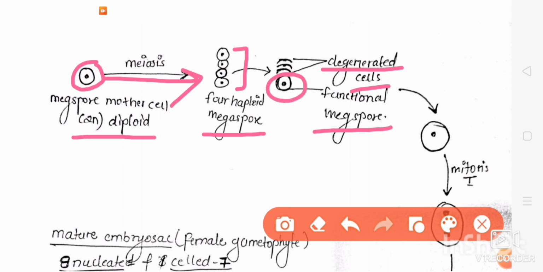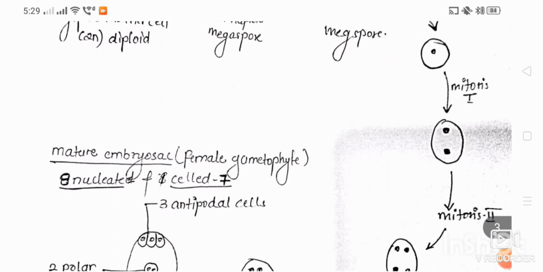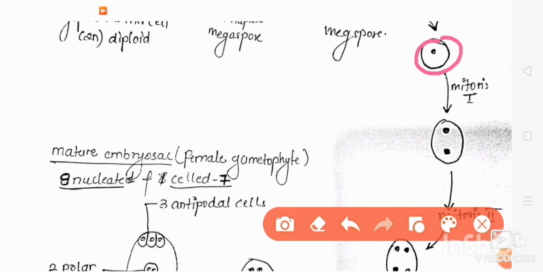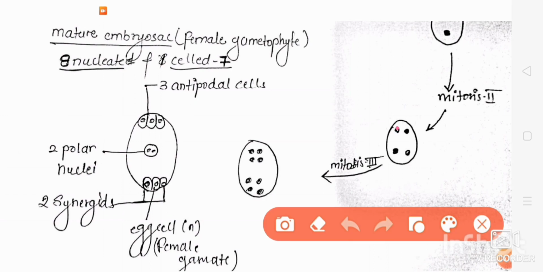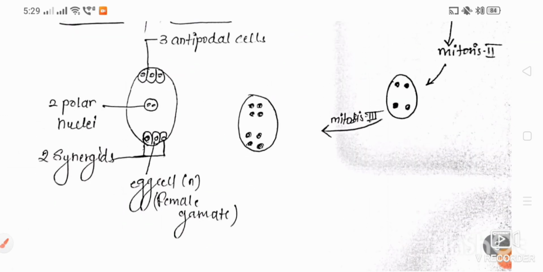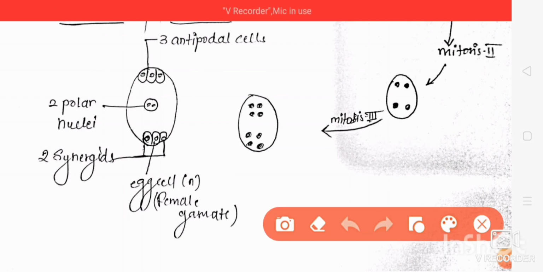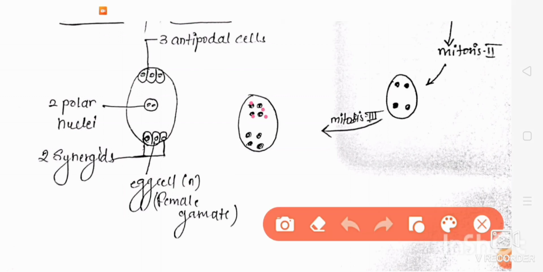This functional megaspore cell will undergo 3 successive mitotic divisions. After mitosis 1, it will form 2 nuclei, after mitosis 2 there will be 4 nuclei, and after mitosis 3 there will be altogether 8 nuclei.